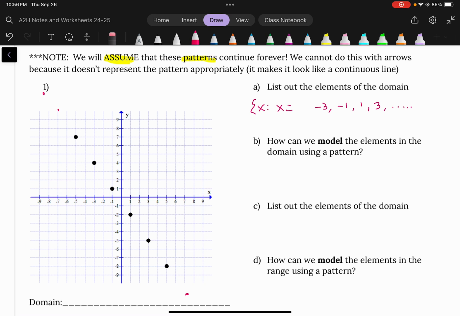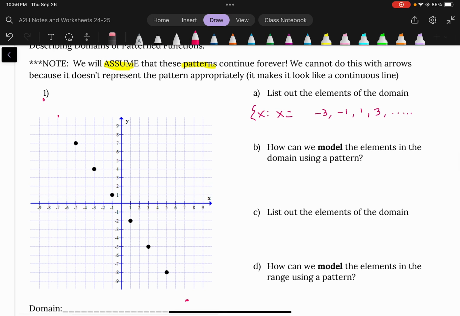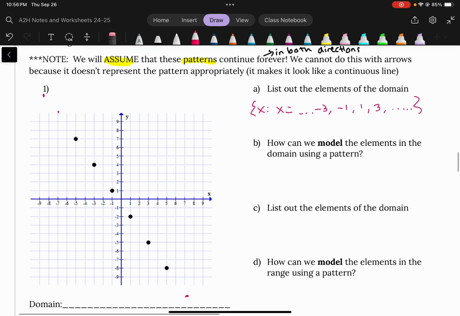Now this is not really how we would write it. The way we can model this is what I call a start and jump. Now the good news is you can start with anything.